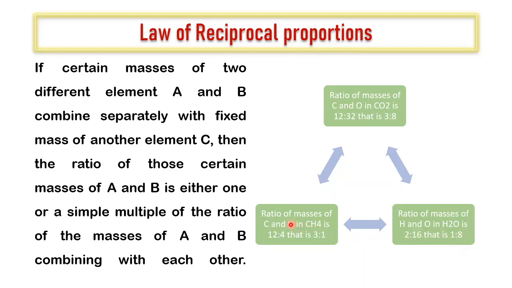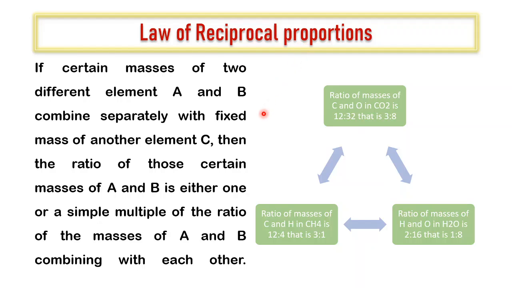So if this is A, this is B, here again it will come as B and this will come as C. So A can combine with C in the same ratio as 3 is to 8, as it is combining in methane and in the case of water. So this is the meaning of the law of reciprocal proportion.